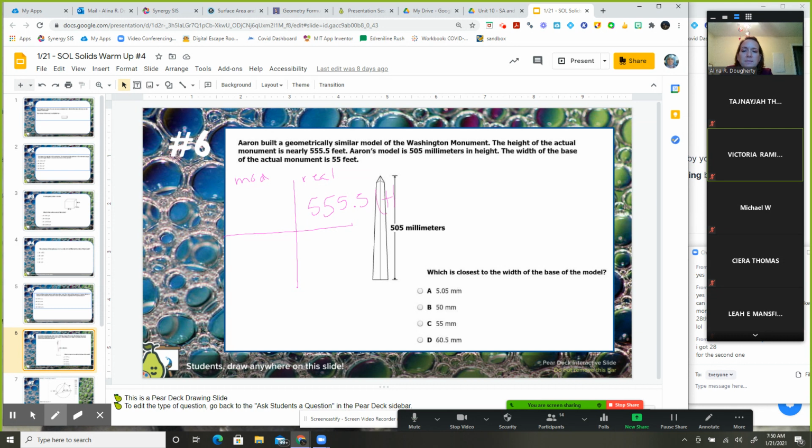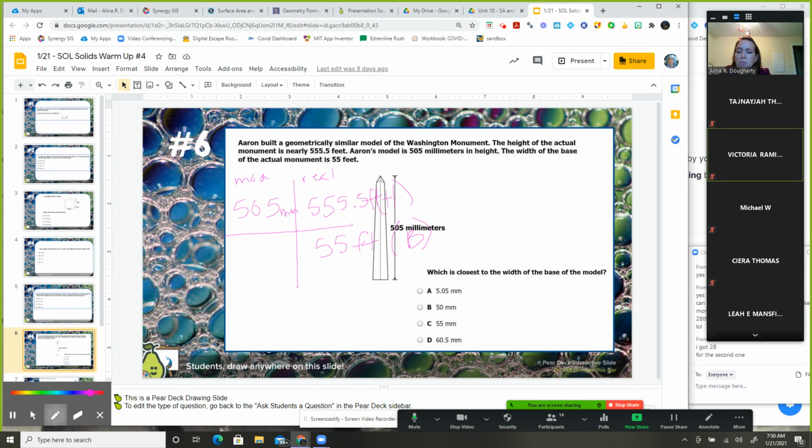That's the height. And Aaron's model is 505 millimeters. So this is feet, right? The width of the base of the actual monument is 55, and that's feet, right? And that's the base.